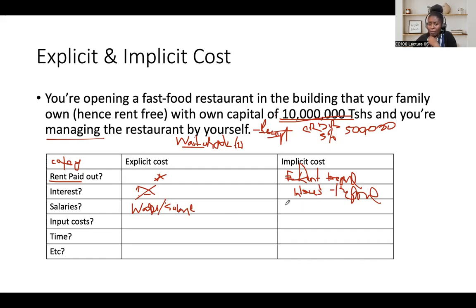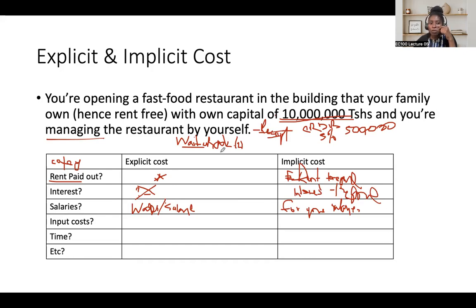That is not correct. There's a forgone salary that you should have. By spending your time sacrificing to your business, you could be working somewhere else, doing something else that could make you money, or you could use your time somewhere else.